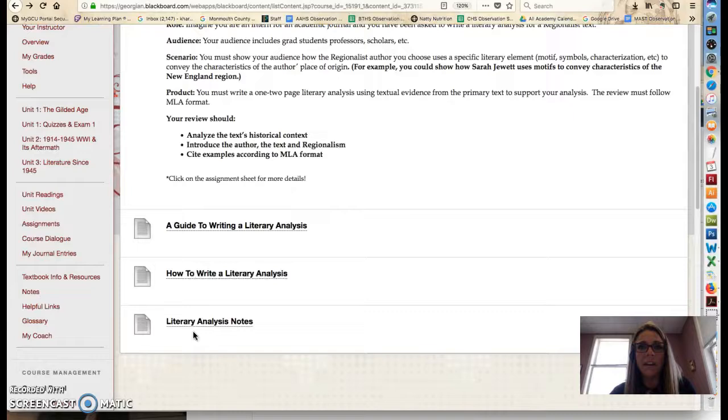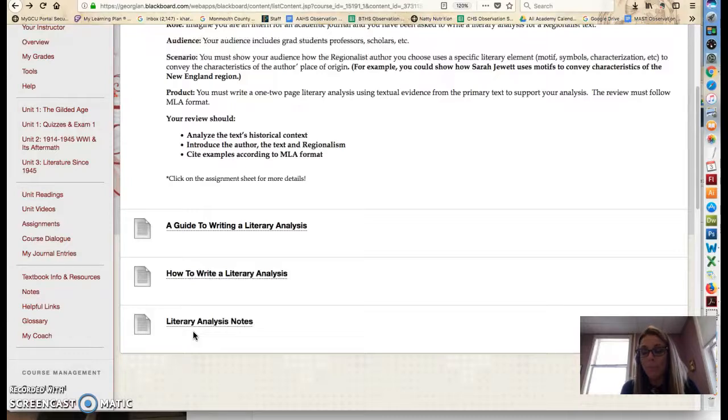Know that a literary analysis is opinion-based, okay? It makes a point about a work of literature, but it supports that point, right, by discussing the work's literary elements or main themes. All right, and I gave you more of this in the notes down below.